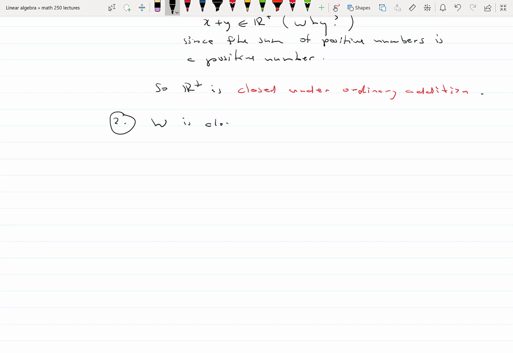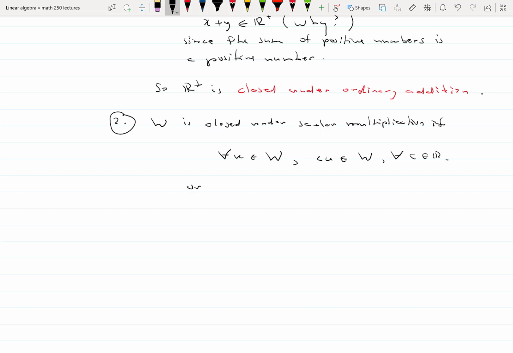W is closed under scalar multiplication if for every u in W, c times u is in W, for every scalar c.